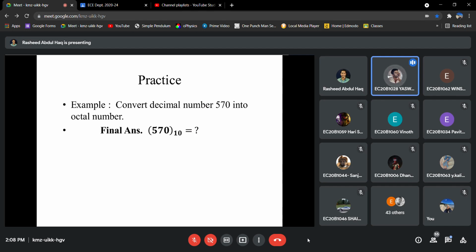Sir, 1072. Can you convert this into a hex number? Someone else, please. Hex number.